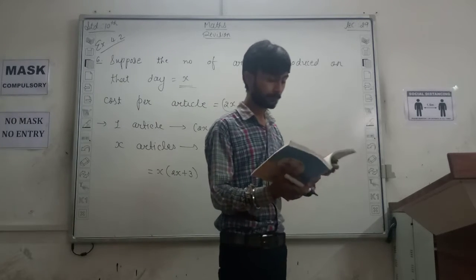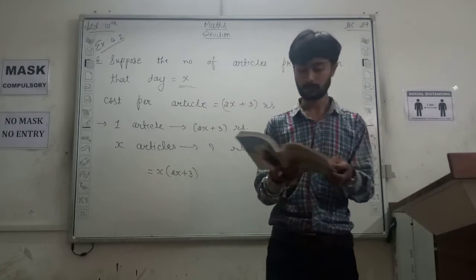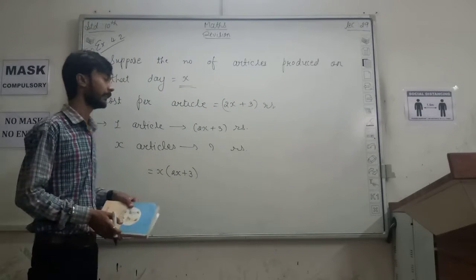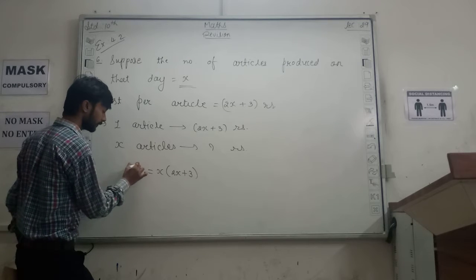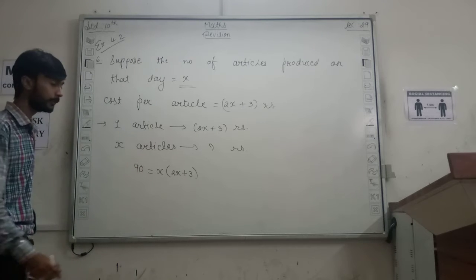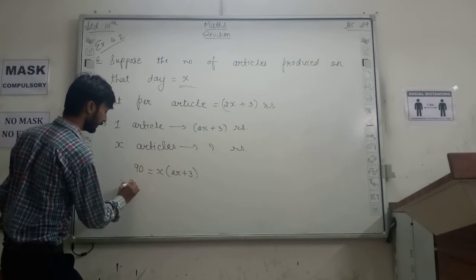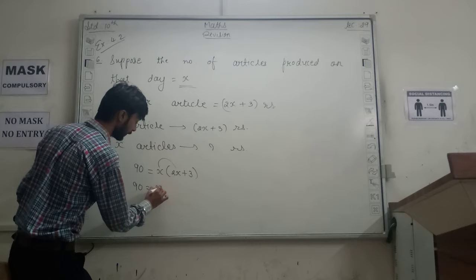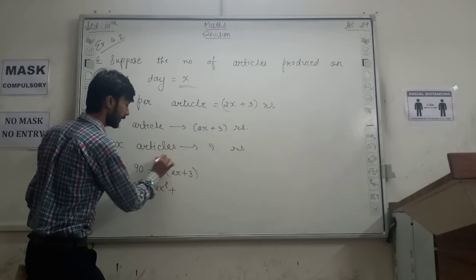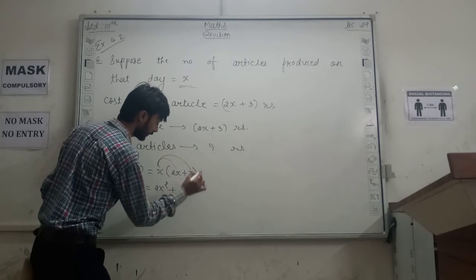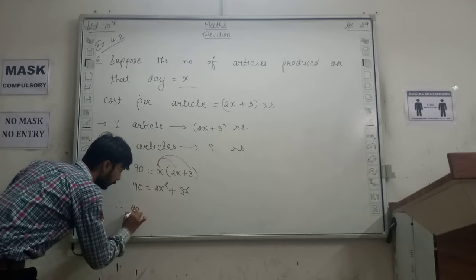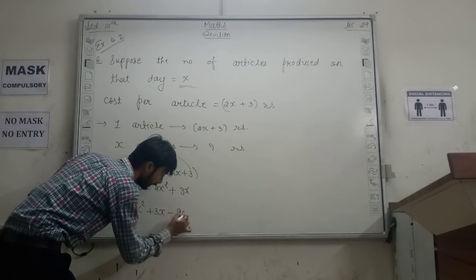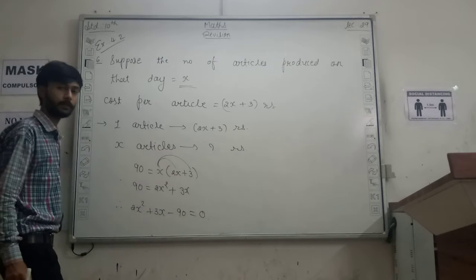Total cost is rupees 90. If the total cost of production on that day was rupees 90, so this is given to you, right? Therefore 90 equals x into 2x, that is 2x square, plus x into 3, that is 3x. Therefore 2x square plus 3x minus 90 equals 0, right?